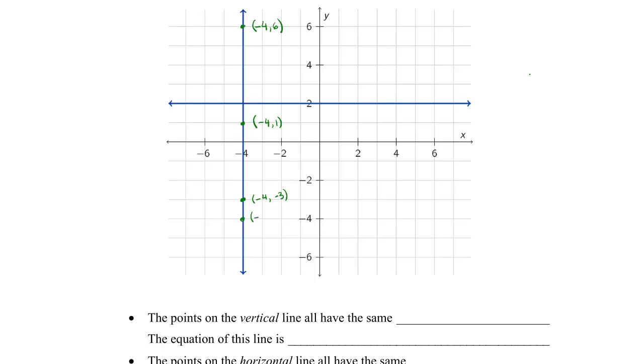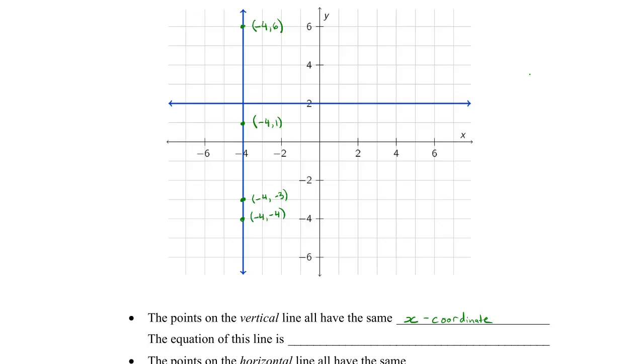This is the point -4, -4, and so on. We notice that on the vertical line, the points all have the same x coordinate. They have all different y coordinates, but they all have the same x coordinate.